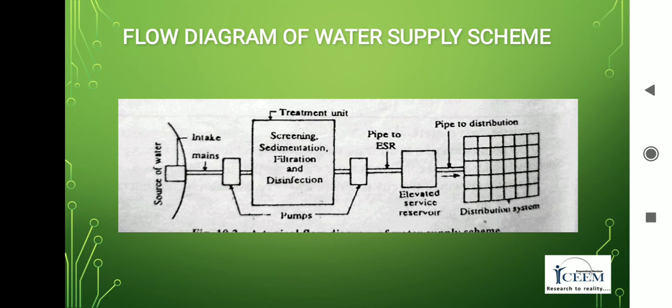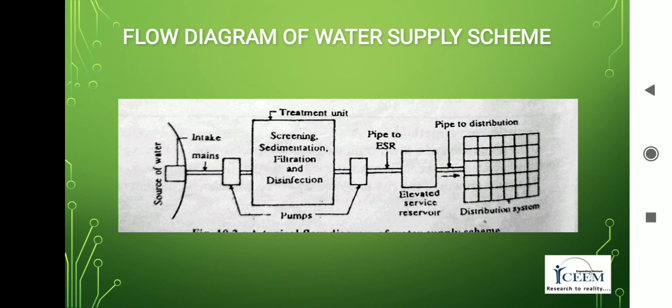The next process in the treatment unit is disinfection. The filtered water may contain pathogenic bacteria. These bacteria must be killed to make the water safe for drinking. The chemicals used for killing these bacteria are known as disinfectants, and the process is called disinfection.